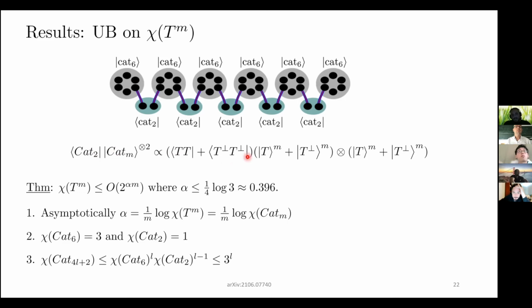This is the cat 2 here. And this is the first copy of the cat M and the second copy of the cat M, up to normalizations.